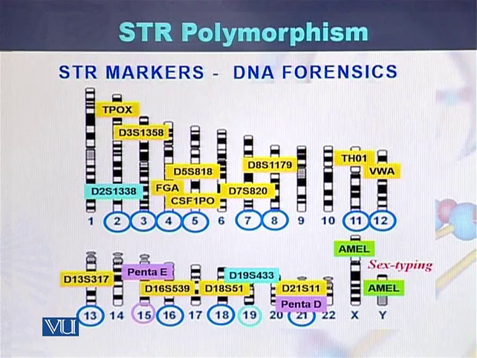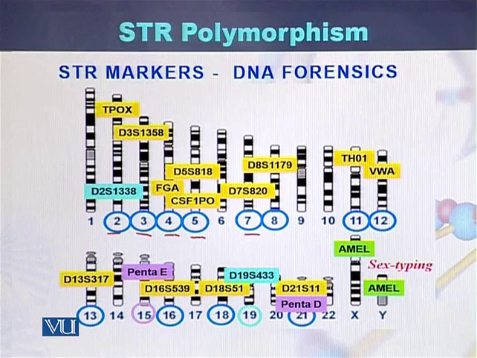STR markers are used in DNA forensics, particularly for criminal justice, civil justice, as well as paternity analysis. These are some of the common STR markers used in DNA forensics, and we can see that they are present on almost all of the chromosomes: chromosomes 2, 3, 4, 5, then 7, 8, 11, 12, 13, 15, 16, 18, 19, 21.